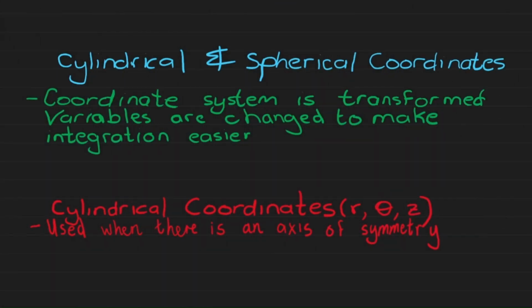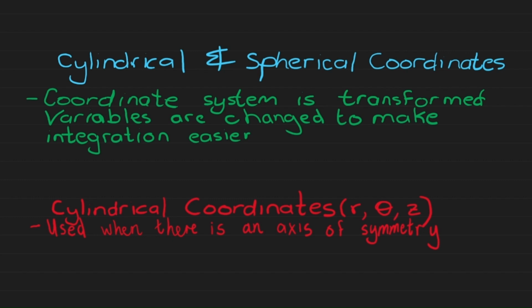In this video, we're going to be talking about cylindrical and spherical coordinates. In mathematics, people are always looking for an easier way to do things. Integration is quite difficult at times, and we can end up with integrals that can be hard to evaluate. So what people do is that they change the coordinate system.